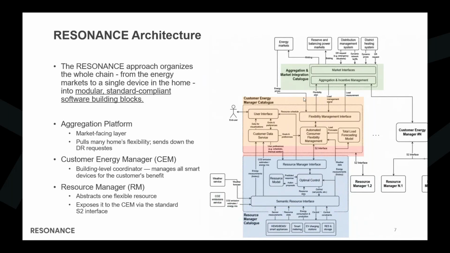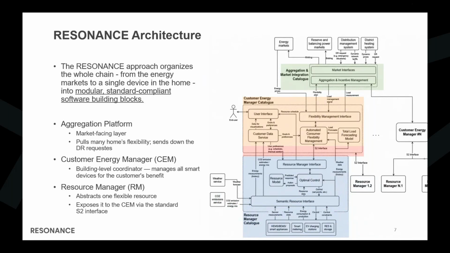One level down, we have the customer side, where there lives a customer energy manager, the CEM, as we call it. It is an intelligent software agent that lives on the customer premises in the home or building, and its job is to manage the smart appliances on behalf of the customer to maximize their benefits, typically by minimizing the energy cost while also offering the flexibility to the grid.